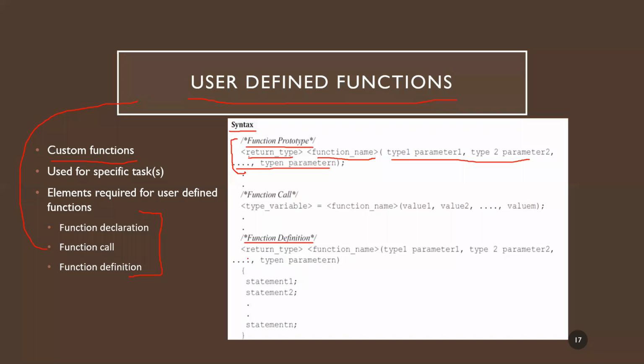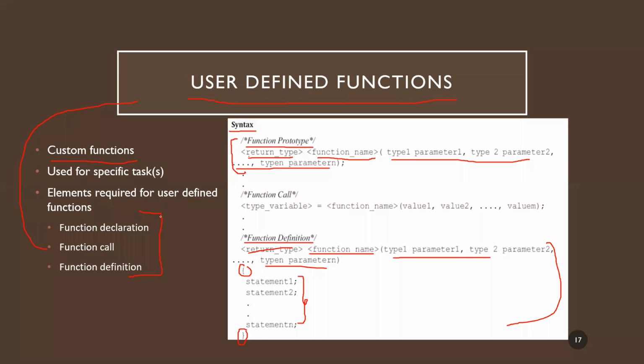In this case, you repeat these things: return type, function name, and the parameters. After that, you specify within the brackets all the statements which belong to that function. So the definition specifies what the function will be doing.